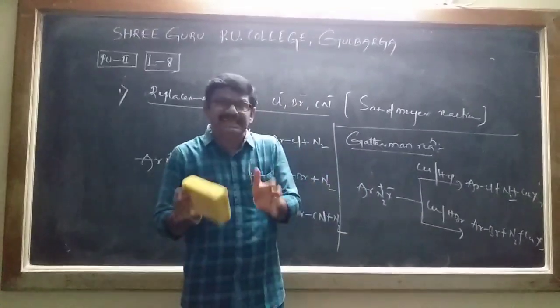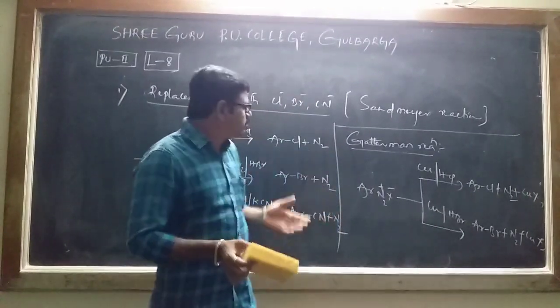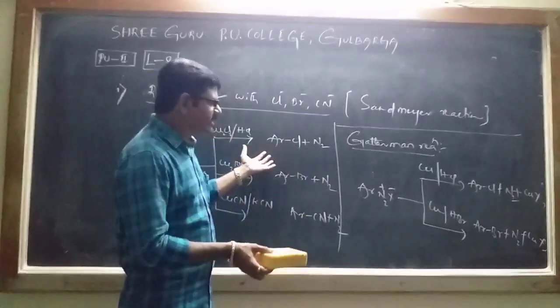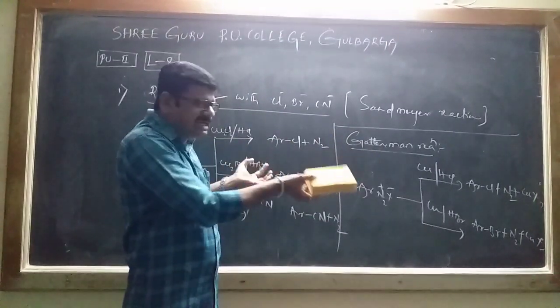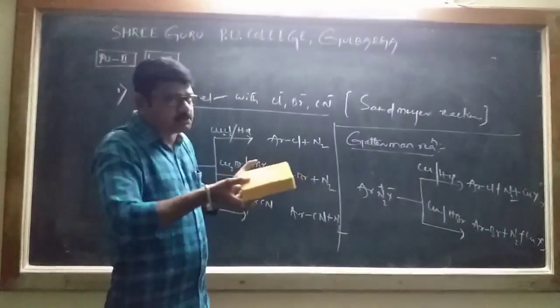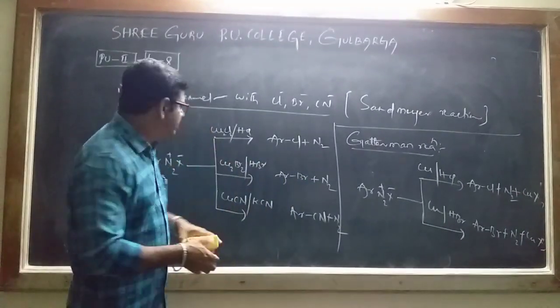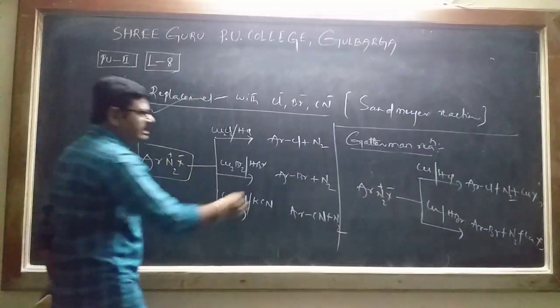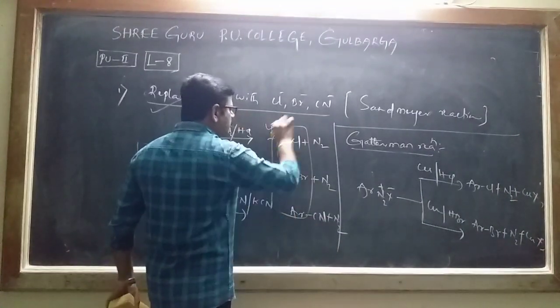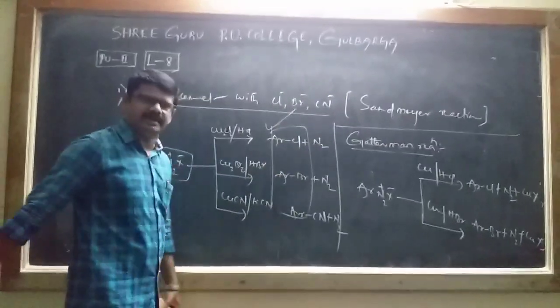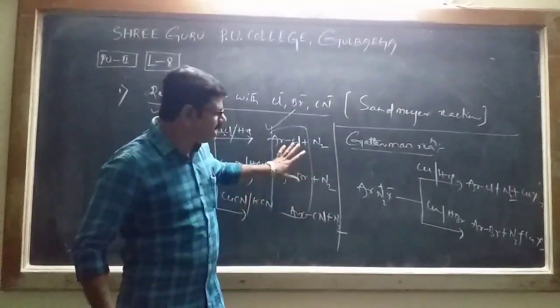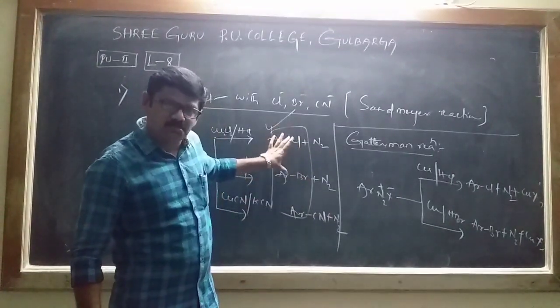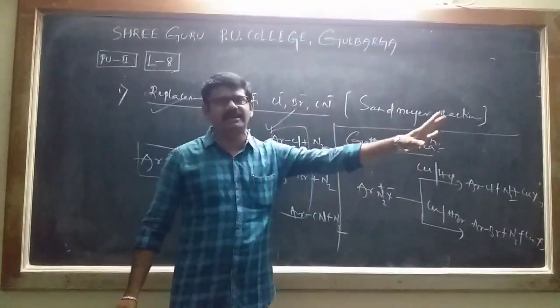But if you observe the yield of both, in the Sandmeyer reaction and in the Gattermann reaction, if you compare the yield, the output, definitely in the Sandmeyer reaction the yield is more than the Gattermann reaction.